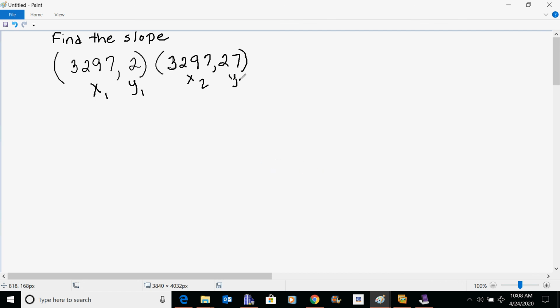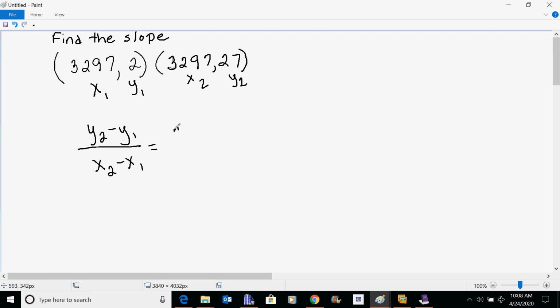Don't worry that there's big numbers there. I'm doing this with the big numbers on purpose, because if I explain a harder problem, then when you have a number like 3 and 7, it's going to be super easy for you. But let's remember our slope formula, y2 minus y1 over x2 minus x1.